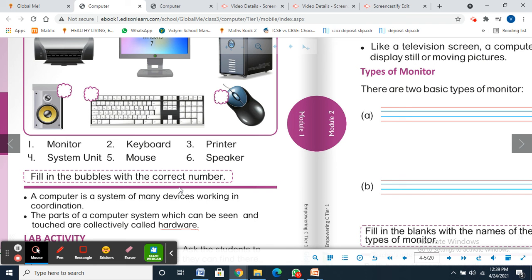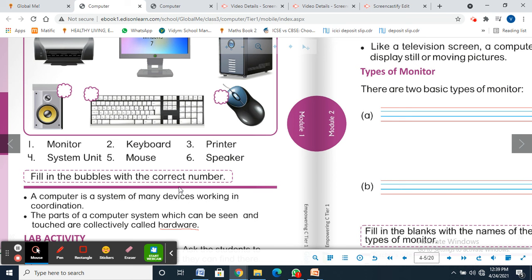When you have to eat, your tummy will work, it will digest your food. Now you have to breathe, your lungs will breathe, and the heart is going to pump the blood. Heart, lungs, stomach, all these are internal parts.